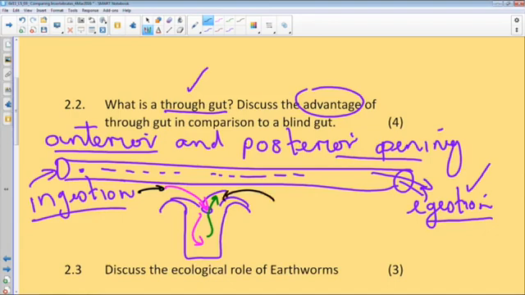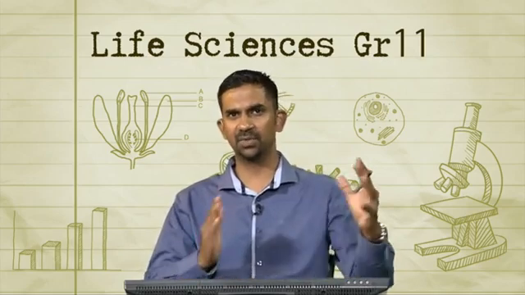So if we compare the advancement of a body structure of this organism, would you be at an advantage if you had a common opening to ingest food and to egest waste? Definitely not. It would mean that the process of ingesting food and releasing waste needs to be well timed. However, organisms that have a through gut system can constantly ingest food.